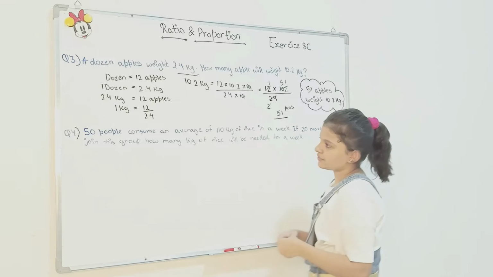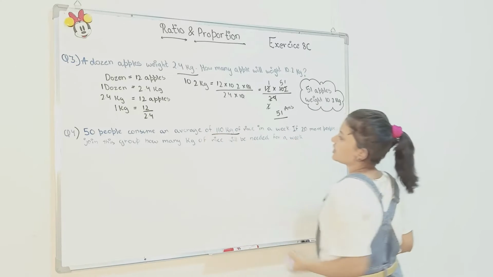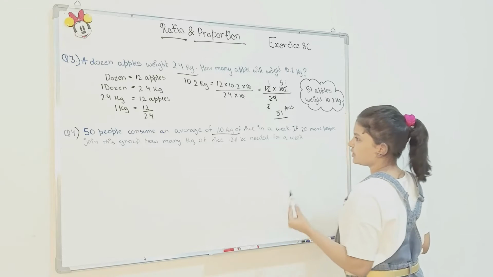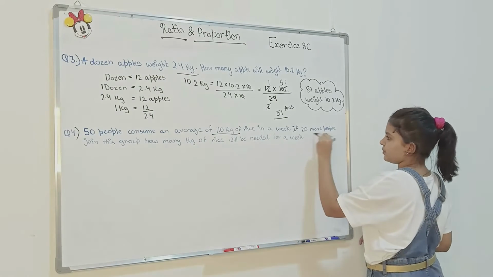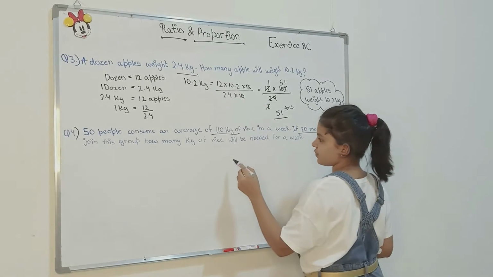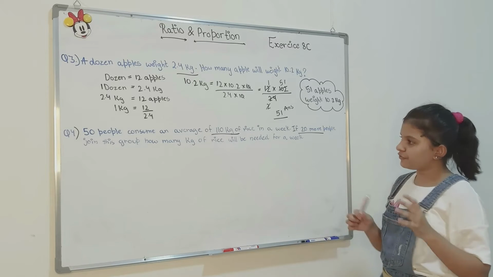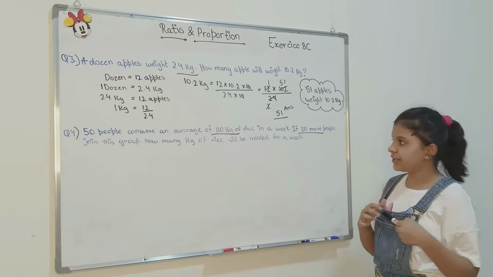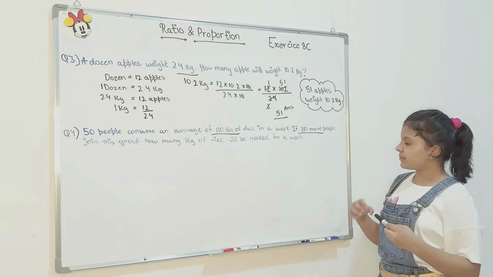Now the fourth question. 50 people consume an average of 110 kilograms of rice in a week. If 20 more people join this group, how many kgs of rice will be needed for 1 week? So here 50 people are consuming around 110 kgs of rice in a week.